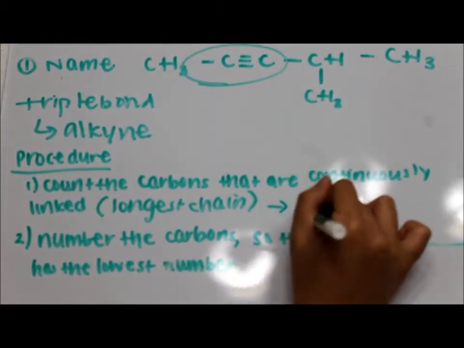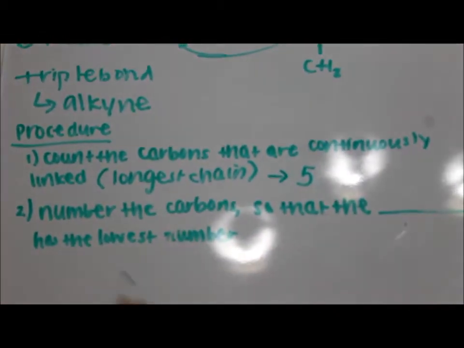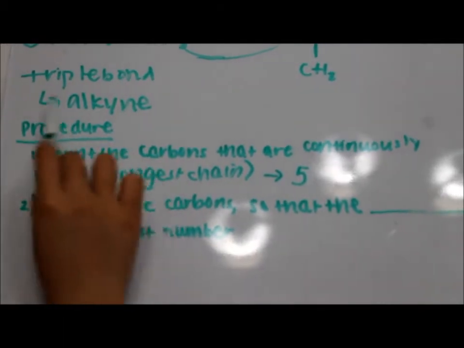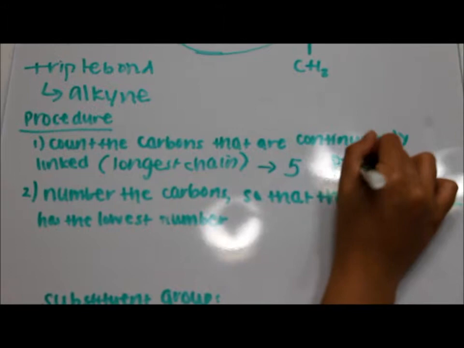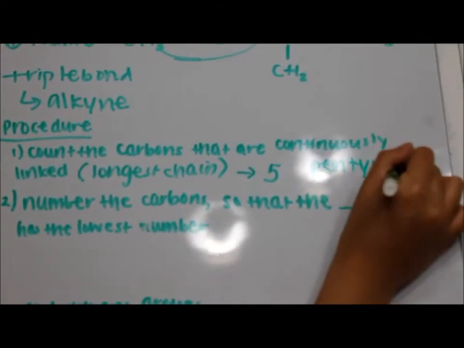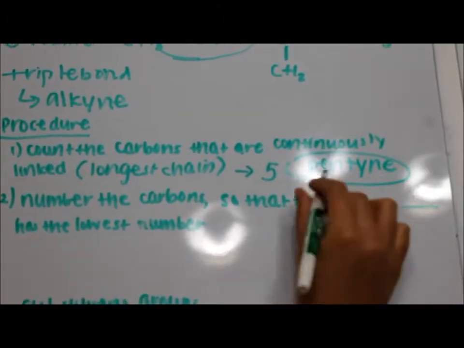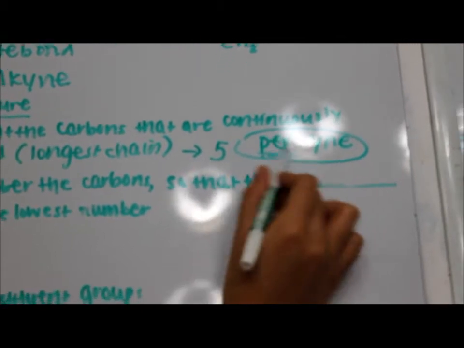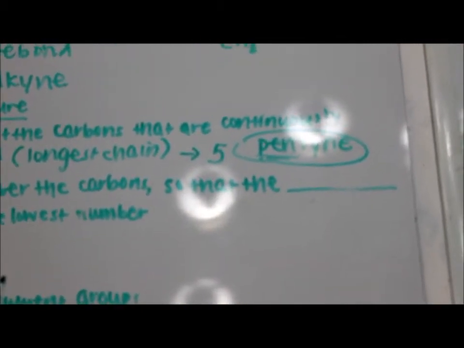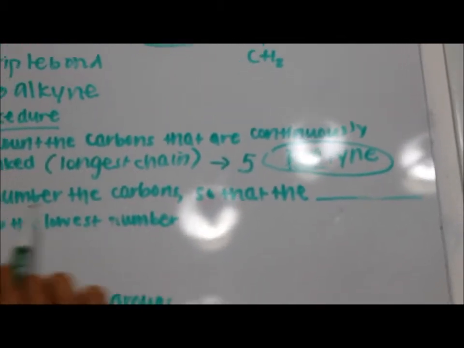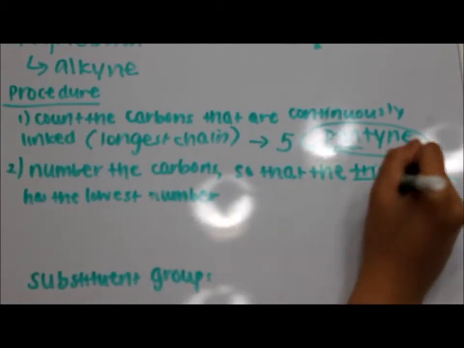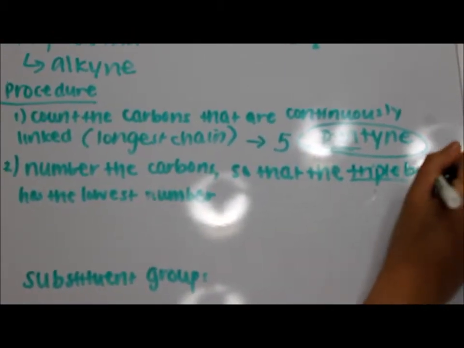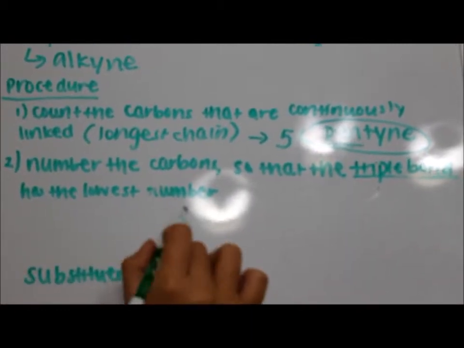So that's 5. Since we already know it's an alkyne and there are 5 carbons, we know that it is a pentyne. You need to know these prefixes. 5 is pent. Then we're going to number these carbons so that the triple bond has the lowest number.